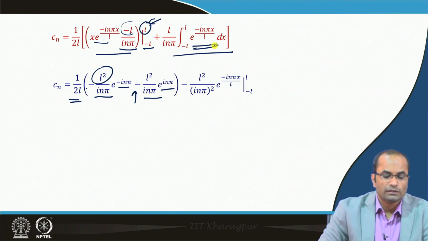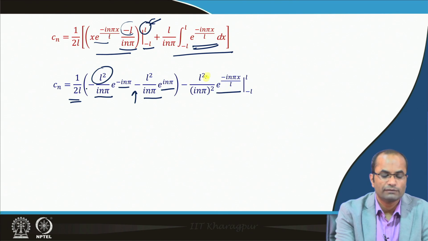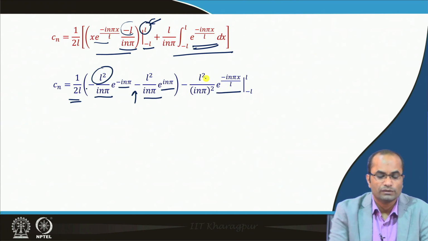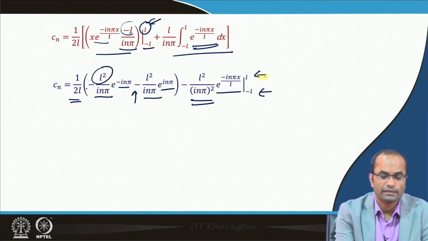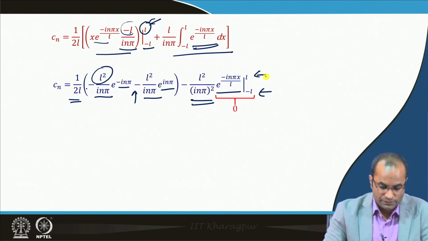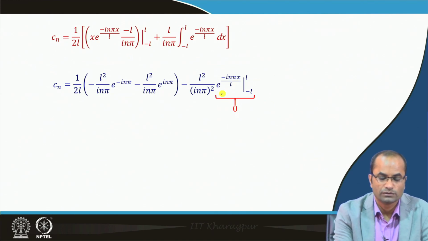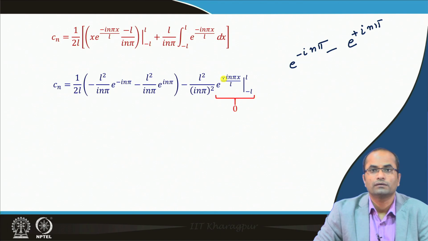Here again we have to integrate. So, e power minus i n pi x over L, and then there will be a factor L over i n pi, and as a result this has now become a square, and again we have to take care of the limits from minus L to plus L. And this term is 0, because when we put this L there, we have e power minus i n pi, and then with the minus sign we have e power i n pi with plus sign now, because this minus L will make it plus.